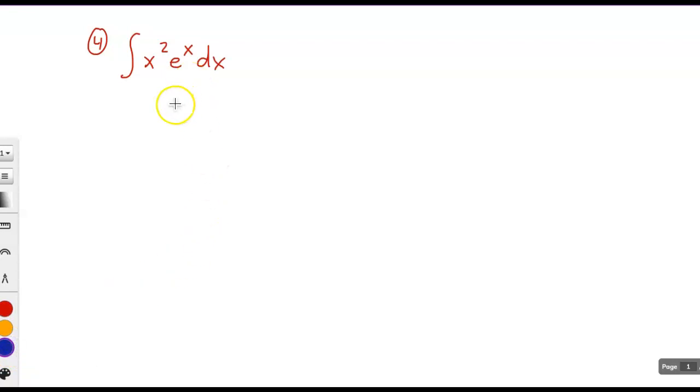If we're going to do integration by parts, it's honestly pretty much a guess here. Whatever you pick for u has to be easy to differentiate. I'll put my picks in pink and my gets in green.